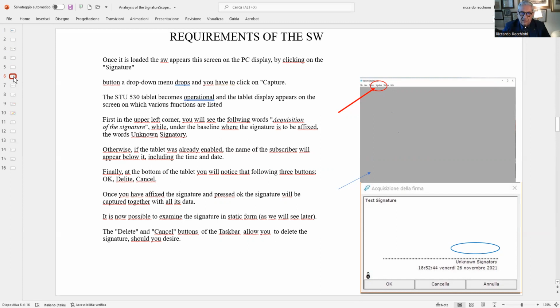Once you have affixed the signature and pressed OK, the signature will be captured together with all its data. It is possible now to examine the signature in static form, as we will see later. The Delete and Cancel buttons of the taskbar allow you to delete the signature should you desire.